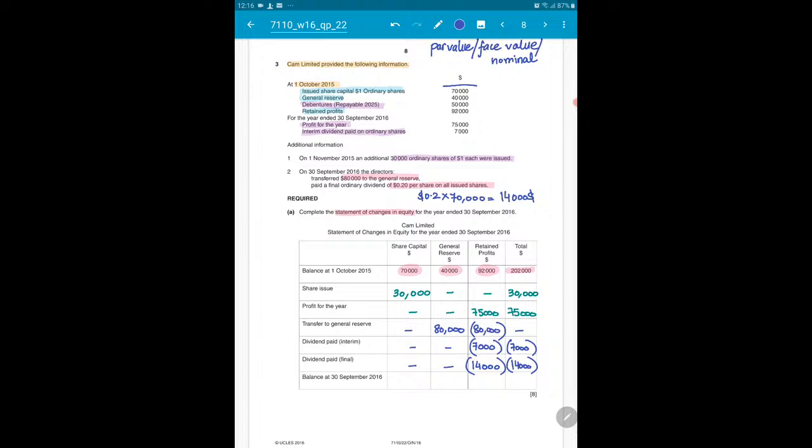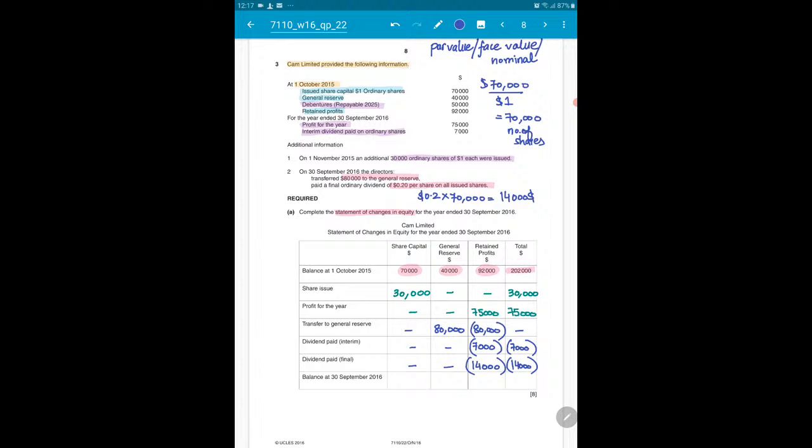Which means that 70,000 divided by 1 will give us 70,000 number of shares. The share value divided by the dollar value will give us 70,000 number of shares, and that is why I have multiplied 70,000 number of shares with $0.2 as they have mentioned in the question.